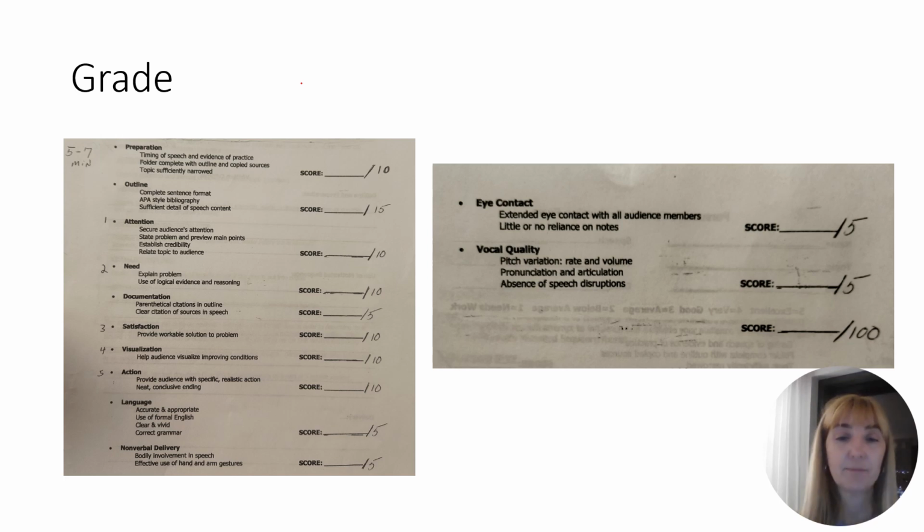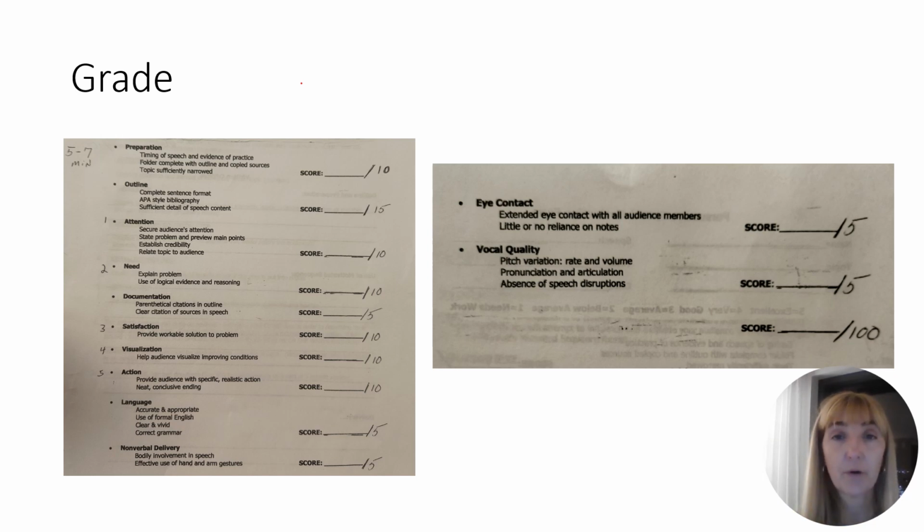I will grade you on eye contact. Please make sure you are looking at the camera, not looking at the notes or looking at yourself or all those other things you can be looking at. Please look at the camera, because on the other side of the camera is your audience, and that's who you want to talk to.